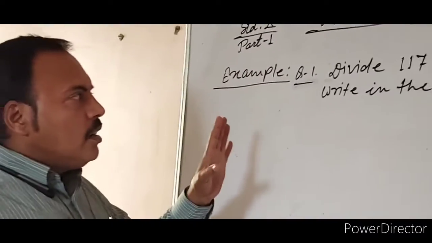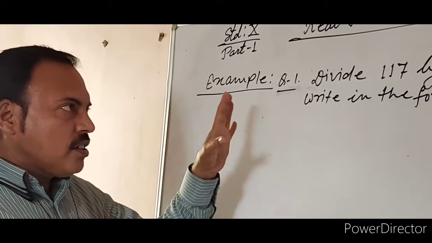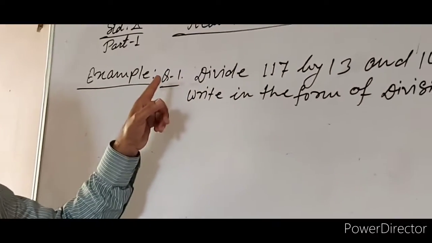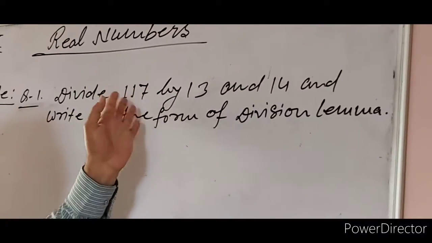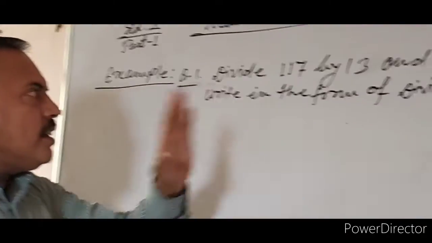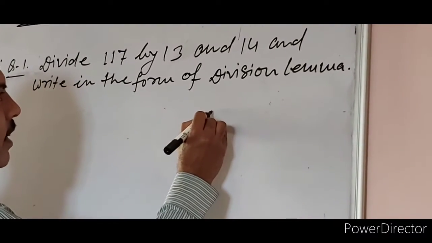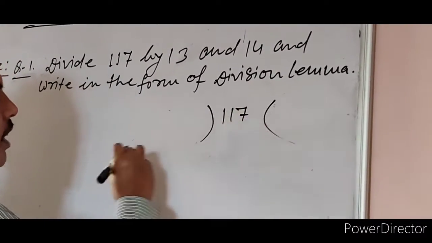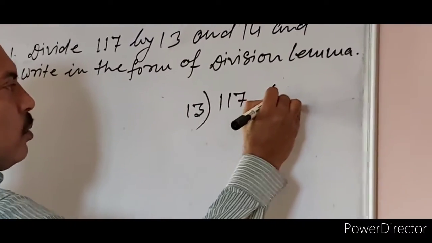Here we learn about Euclid's division lemma by solving a few questions in examples. First question is divide 117 by 13, and then divide 117 by 14 and write in the form of division lemma. So just look at this. We take 117 as dividend, and now we have divisor 13, and we get the quotient.